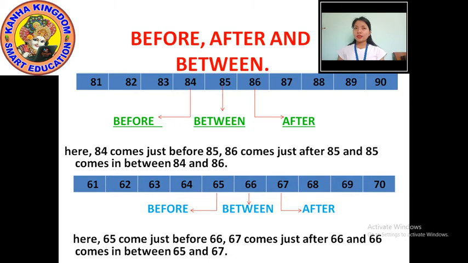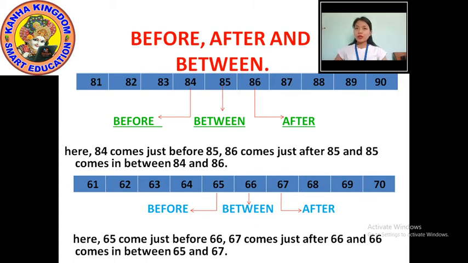It means 84 comes just before 85. 86 comes just after 85, and 85 comes in between 84 and 86.